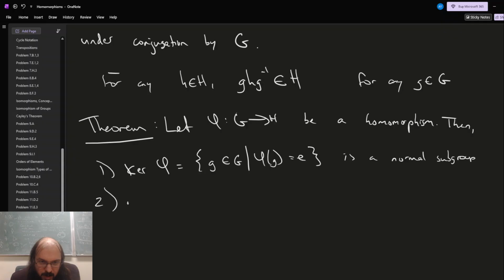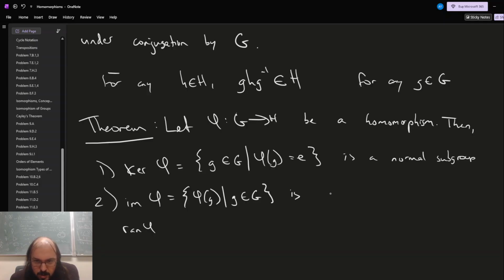On the other hand, we have the image of phi. I think Pinter calls this the range of phi. That's what my memory is telling me. Image is the normal thing, which is just the set of all values in H that this thing takes on, and it is just a subgroup.